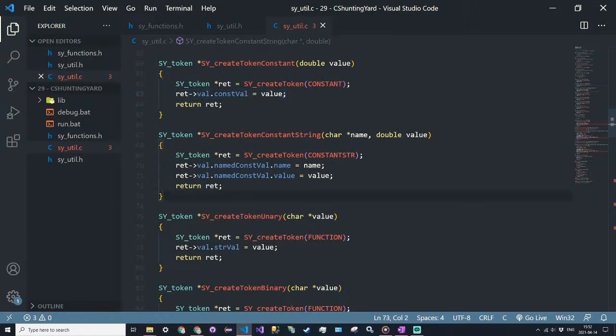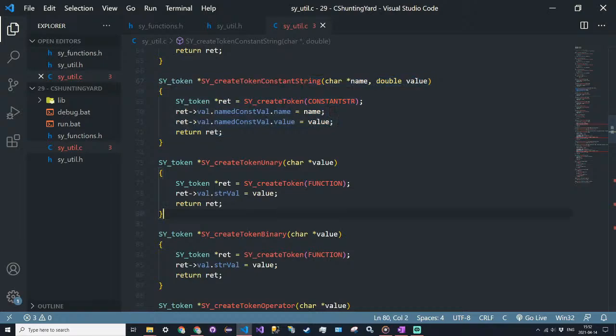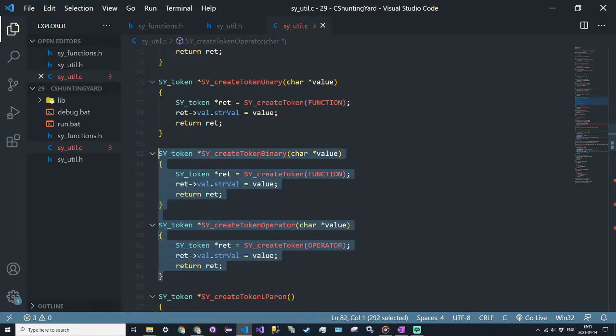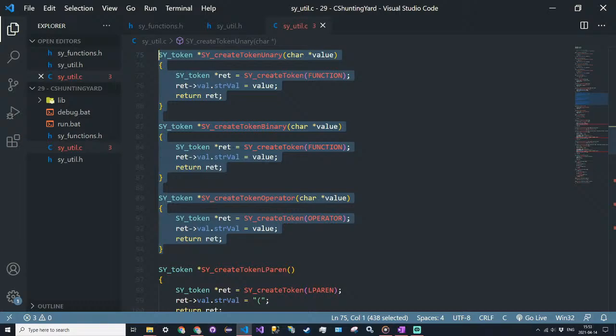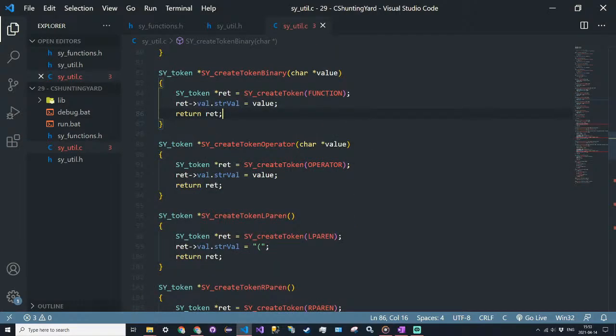And then we have create token constant string, same thing, create token unary. These 3 right here, create token unary, create token binary, and create token operator, were all for debugging, where I just wanted to set the string value to the function that I set it to, just so we can print it out to make sure everything works.